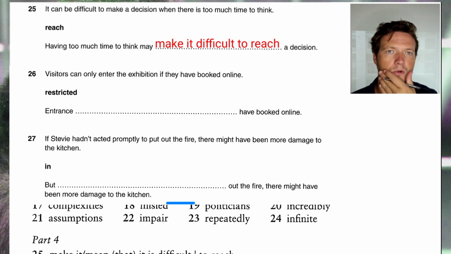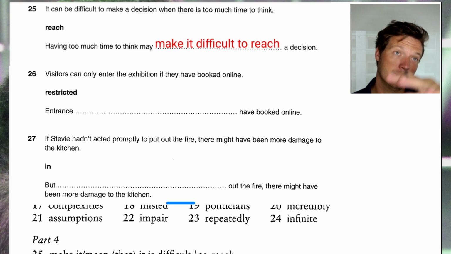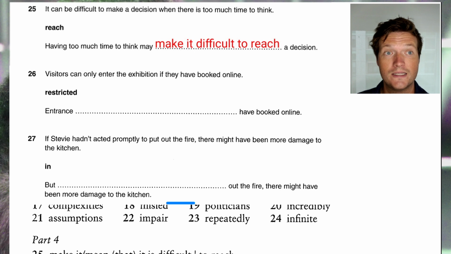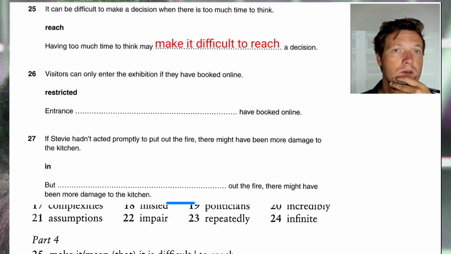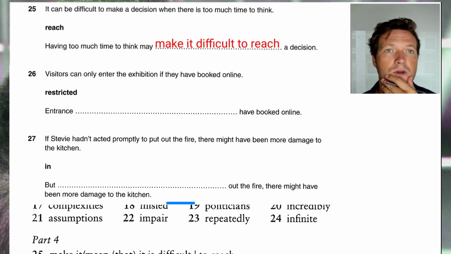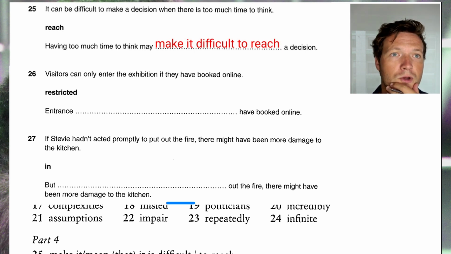So I think what we would say here is that kind of the opposite. Entrance is restricted, but who is it restricted to? It is restricted to, I think is the collocation, is restricted to people who have booked online. To visitors, I suppose, is the word we would use to make it most similar to the first sentence.